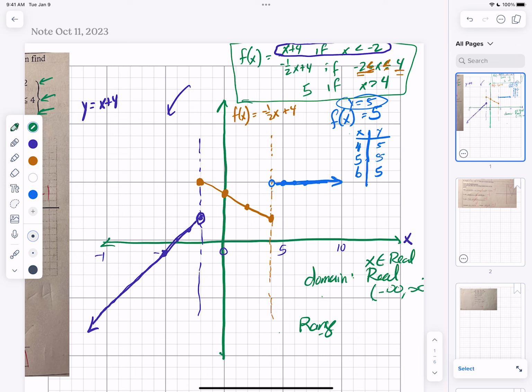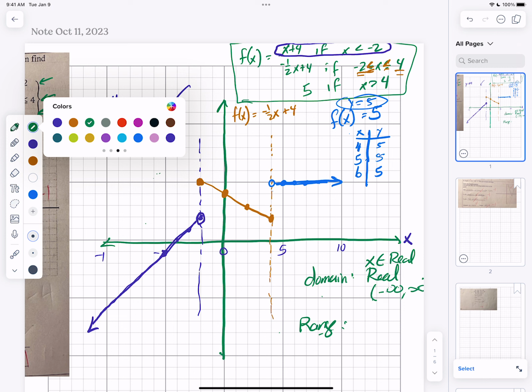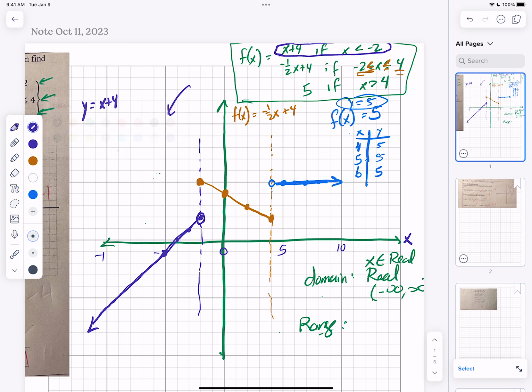is all the possible y values. Well, it goes down here, keeps going down. y could go all the way down to negative infinity, but it will never be greater than 5. So you're right, because the biggest value on this graph in the y direction is 5, so there's no value greater than 5.